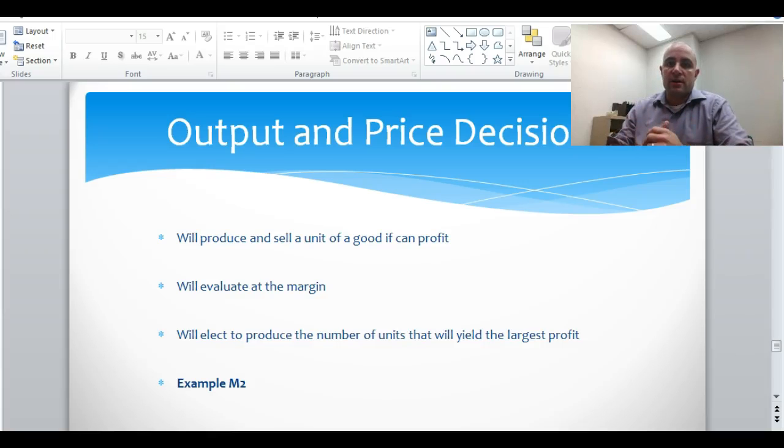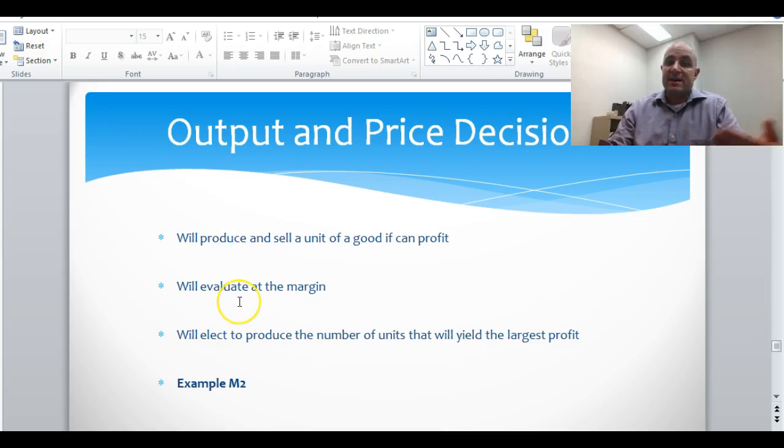Now, the next part of output and price decisions by the firm is to look at it step by step. So we talked about how you can get from the demand to the marginal revenue. And now let's see just how that is used. Just as with perfect competition, a monopolist is only going to produce and sell a unit if it can profit from it. Okay, so that's the first thing they're going to look at.